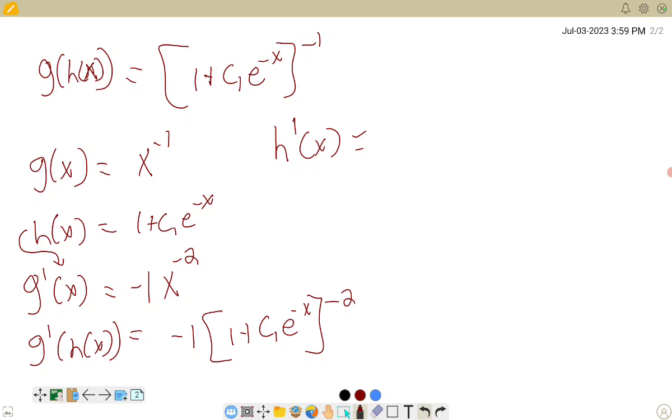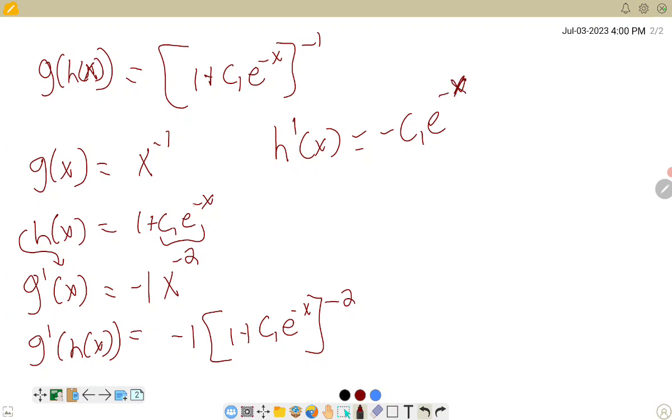That's a nice property of linear operators. So I can take the derivative of 1 separate from the derivative of c1 e to the minus x and then add them together. Well, the derivative of 1 is just 0, so I only have to care about this term here, and that's going to be negative c1 e to the minus x.